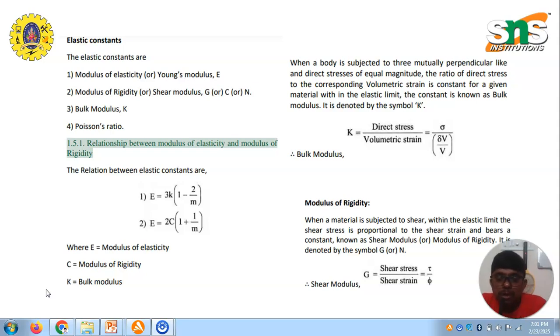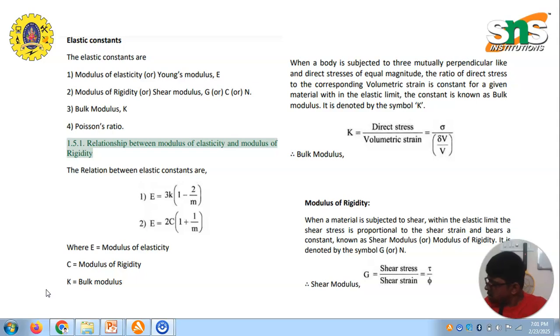This is possible when a body is subjected to three mutually perpendicular like and direct stresses. This ratio of stress to volumetric strain is constant for a given material within the elastic limit.